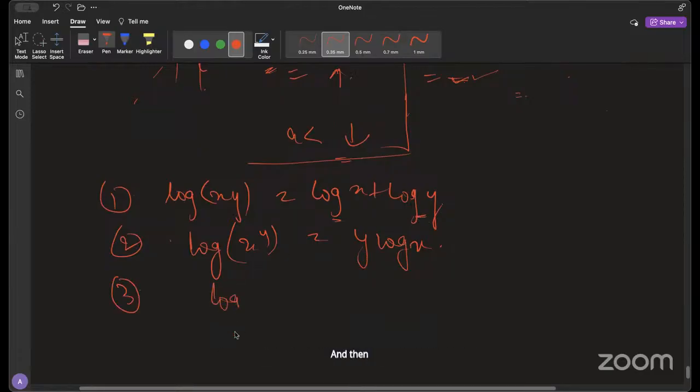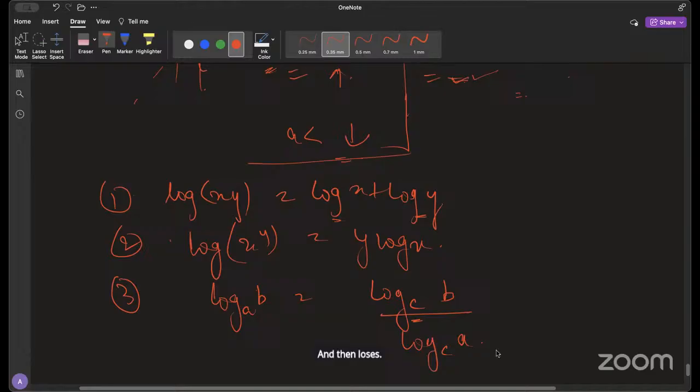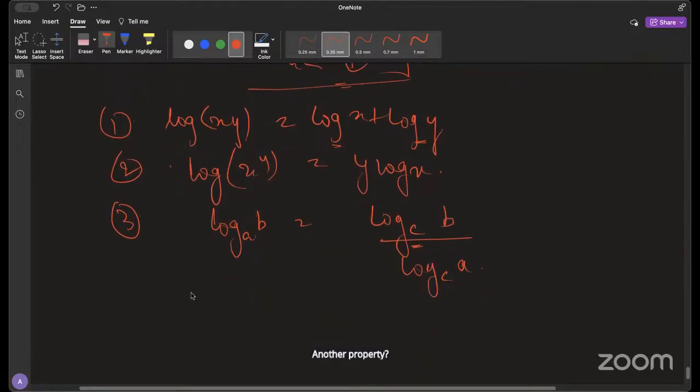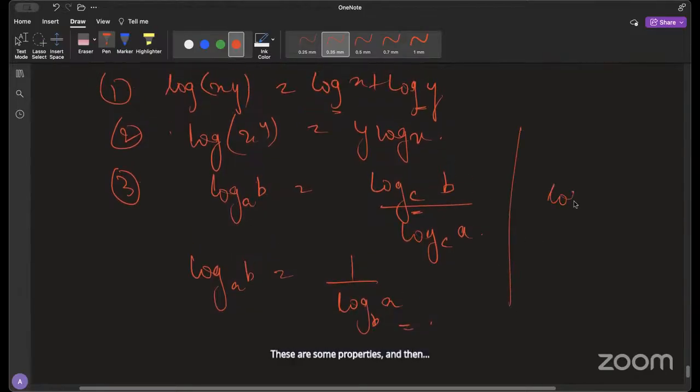And then we have this where you can change the base. So you can change something to base c and then do this. Another property: maybe you can just write it as 1 by log. These are some properties, and then this thing, so you get 0.